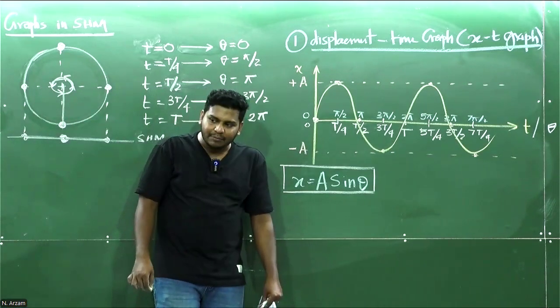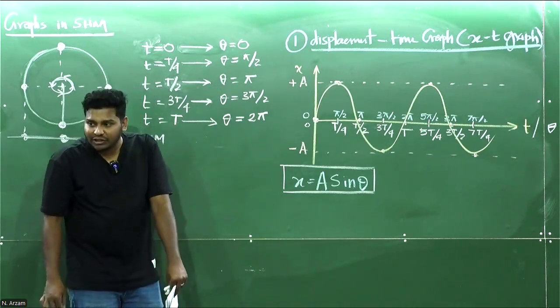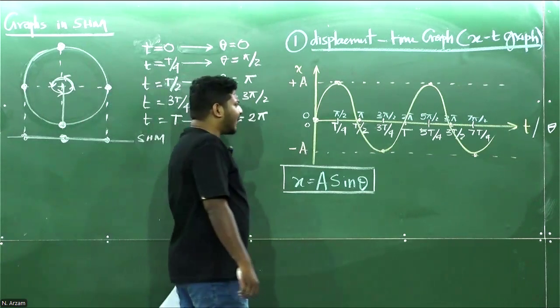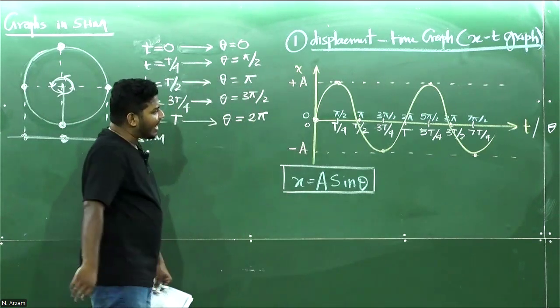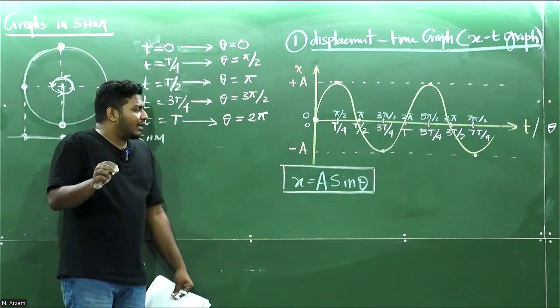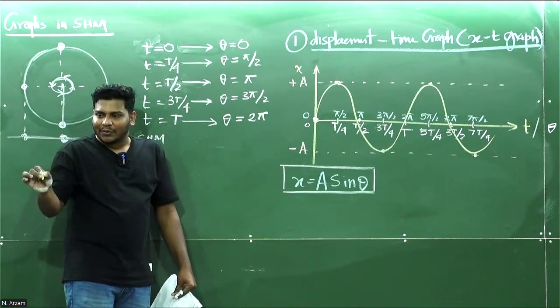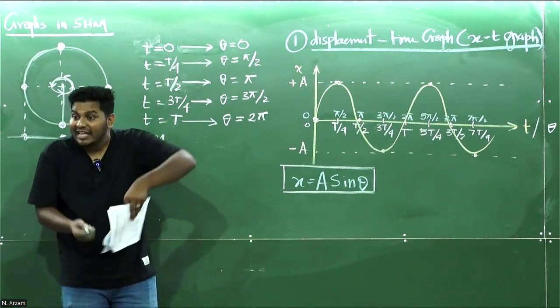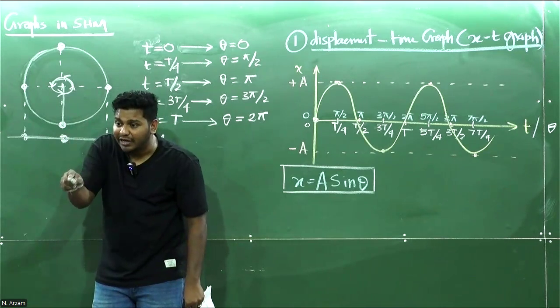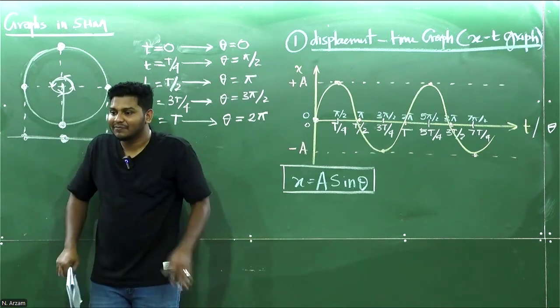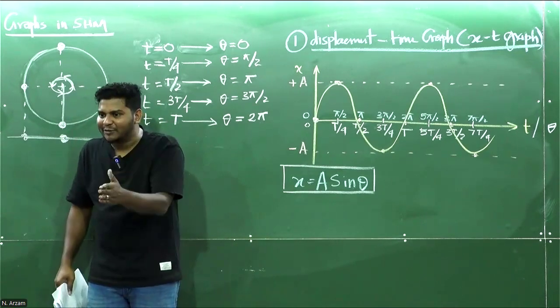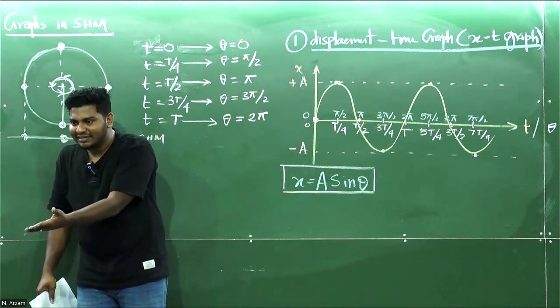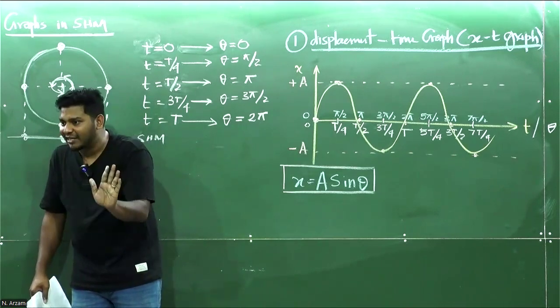Can you tell me, if theta is equal to 0, the displacement is also 0? That means, what about the fixed point? In the fixed point, the displacement is what? 0, because at the fixed point x is equal to 0. Right, in the fixed point, the displacement is 0.